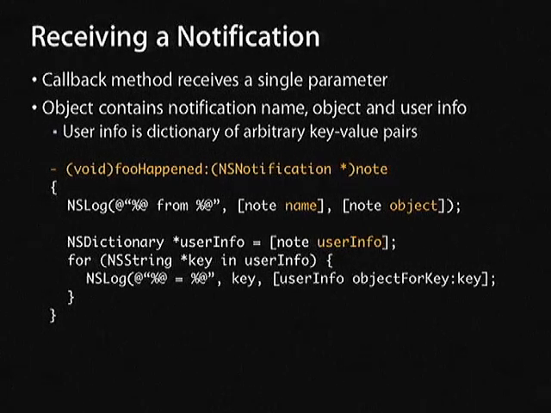You can get the name, which is the my foo happened. You can get the object, which is the object that sent the message. And you can get user info, which may or may not be populated with some data, depending on what the object that's posting the notification wants to send. But user info is just a dictionary, so inside that dictionary, there may be specific information about what actually happened.